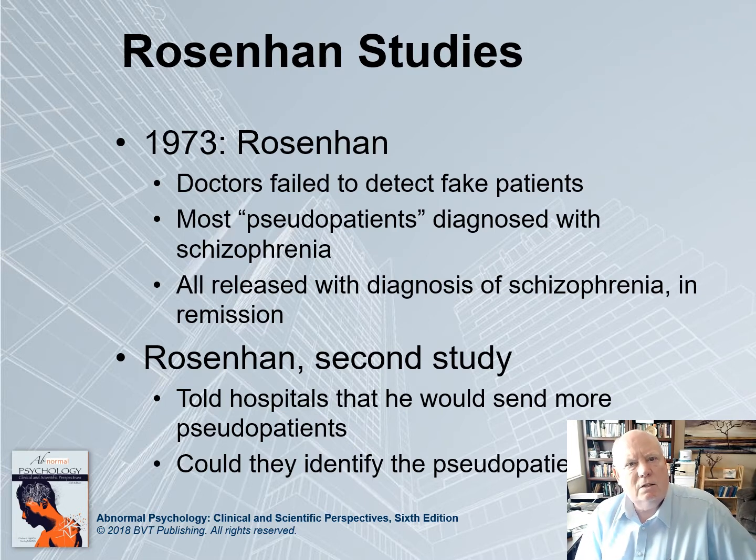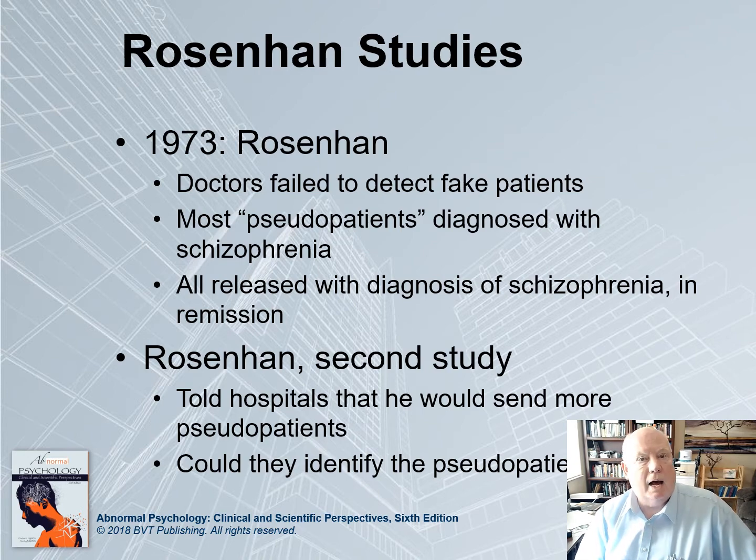Now, he actually didn't send any patients, but the hospitals detected several people that were seeking hospitalization who were not actually psychotic. What Rosenhan concluded from this is that psychiatrists and psychologists are simply unable to tell the difference between psychotic and not psychotic.